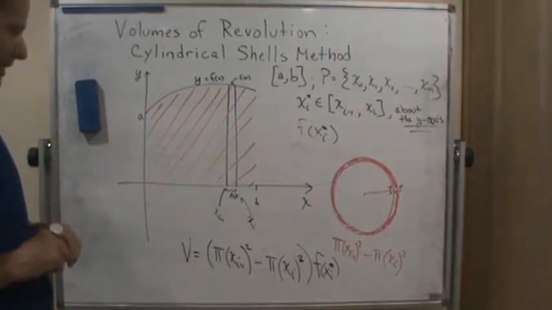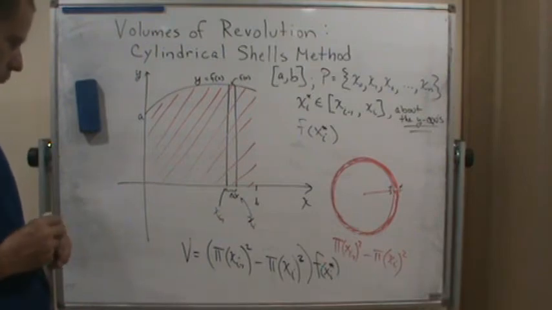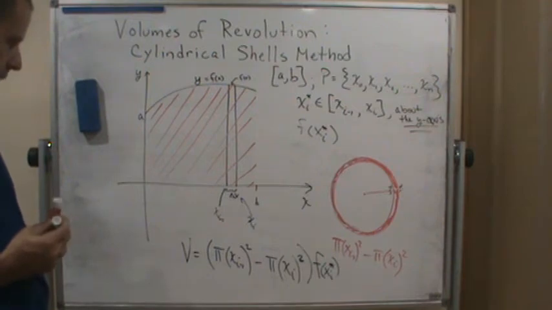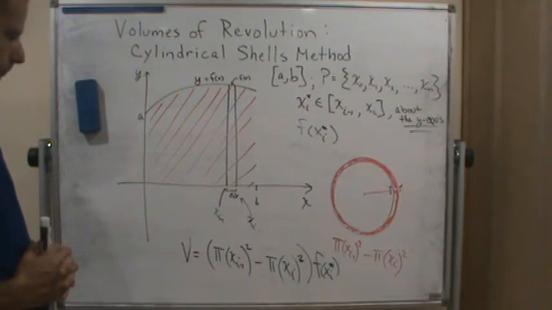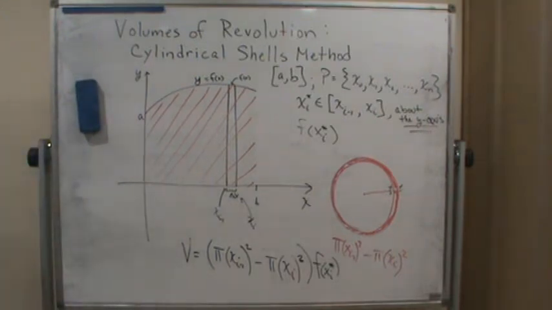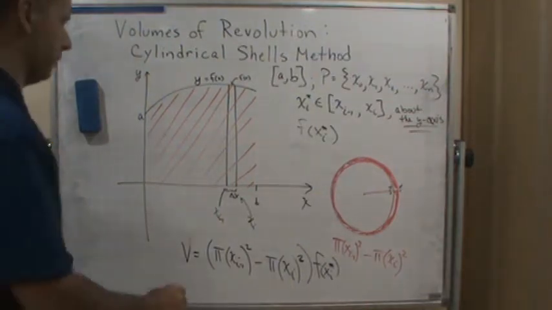Okay, so that's going to be our volume formula based on what we're doing. So now let's take this a little further. Let's see where this takes us, and figure out how we can simplify this.